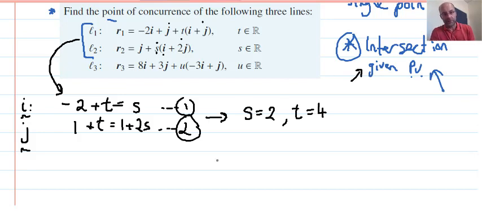Now again, to cut a long story short, you can solve that just using the method from the previous video: s equals 2, t equals 4. Then we can sub that into one of the position vectors, it doesn't matter which one, and we will get the point of intersection.